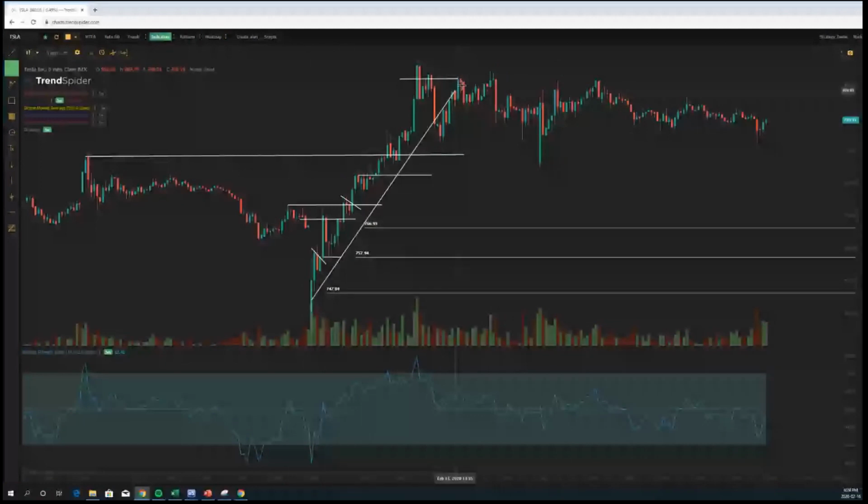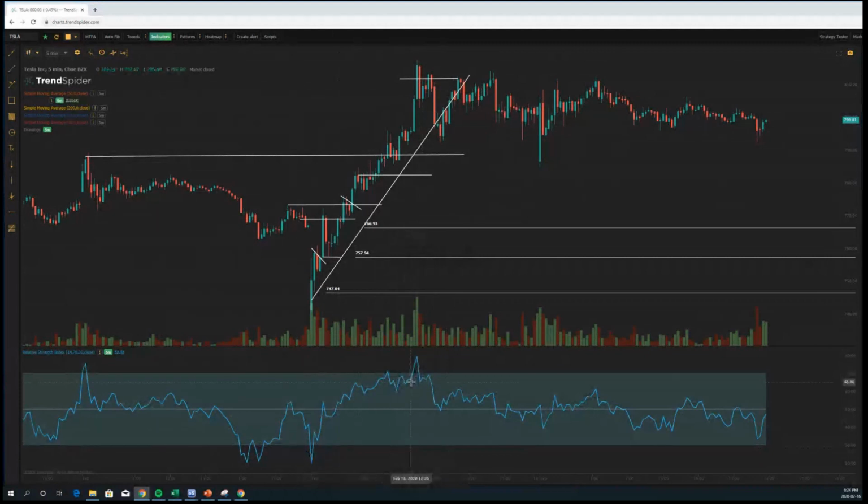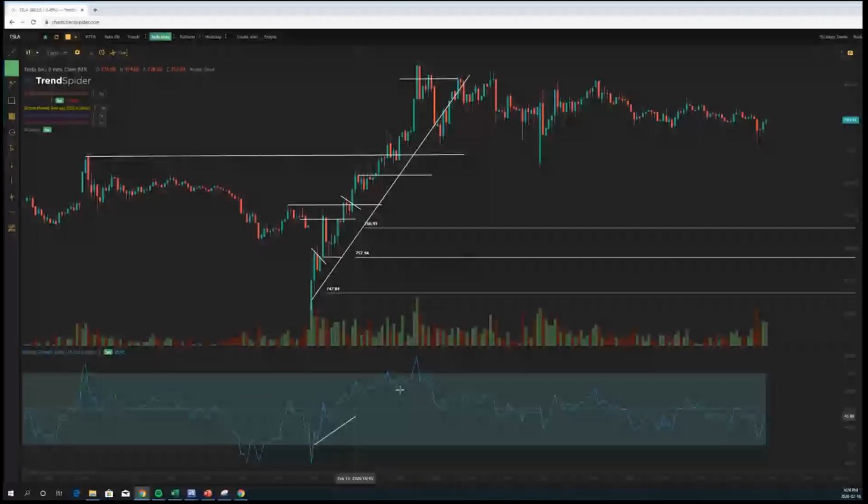As soon as the trend line breaks, say on this particular trade, then I'm out of the trade. Or say there's a divergence in the RSI on a shorter time frame, and it does what Tesla did down here, falls over right there. That's what I'm looking at when I'm in a momentum stock.